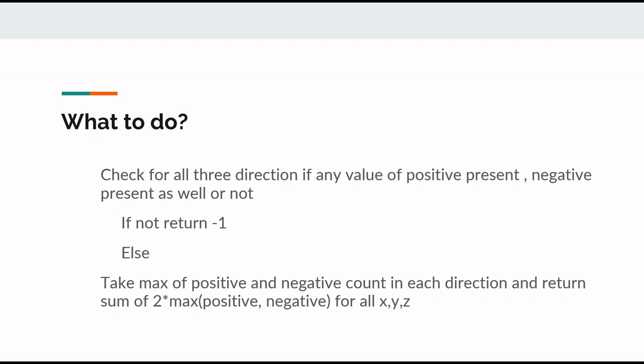Similarly we will check y and z, and if at any point we find that one positive is present but negative is not there, or negative is present and positive is not, like the pair is not there, we will simply return -1. Else, suppose we have both in pair, we will take the maximum of positive and negative, multiply it by 2, sum the values for x, y and z, and return it.